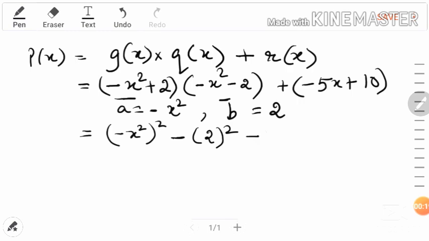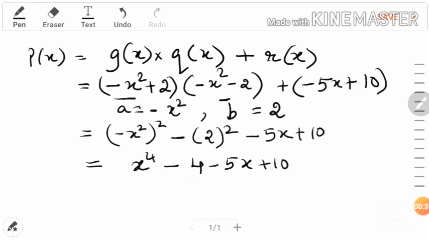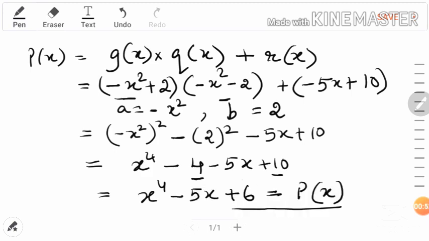Opening the bracket, minus 5x plus 10. So this is equal to x to the power 4 minus 4 minus 5x plus 10. Add the constant terms. This is equal to x to the power 4 minus 5x plus 6. And this is the dividend polynomial. So the division algorithm is verified.